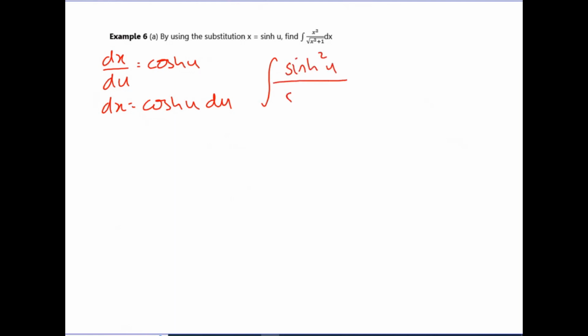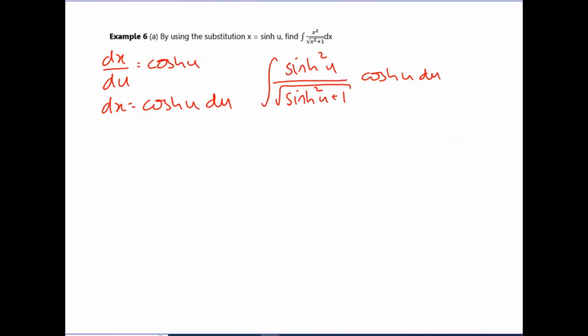Final example, so use a substitution x equals sinh u to do that integral. So it gives us the substitution this time, which is nice. So differentiate this to get cosh u and write dx in terms of du. Substituting into your integral, x squared is sinh squared u over root sinh squared u plus 1, and dx is cosh u du.